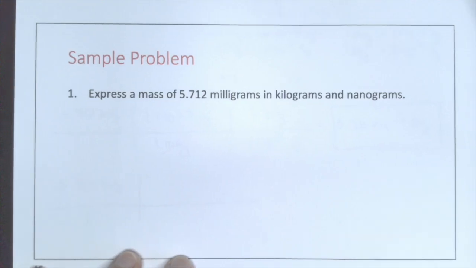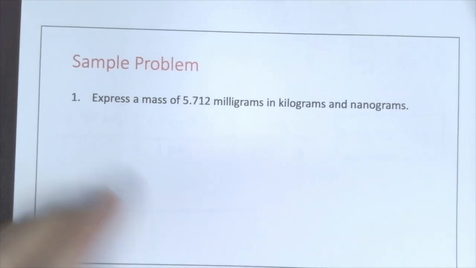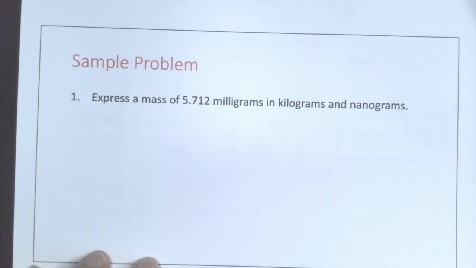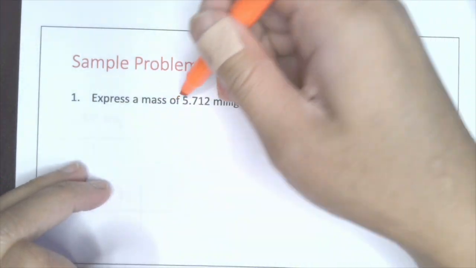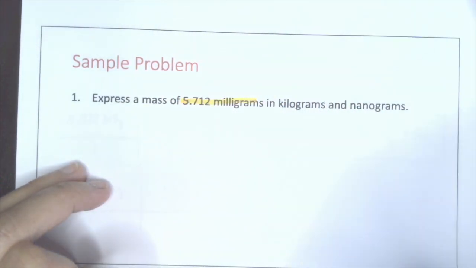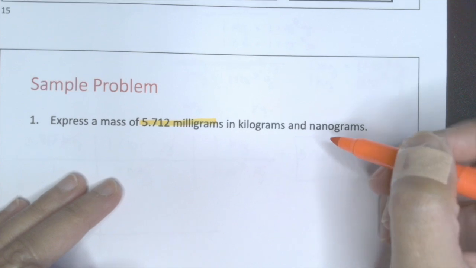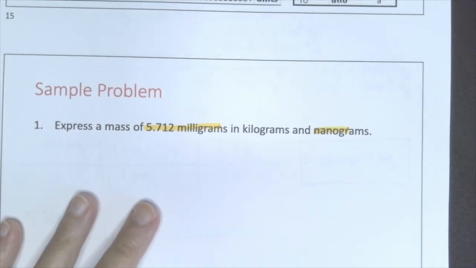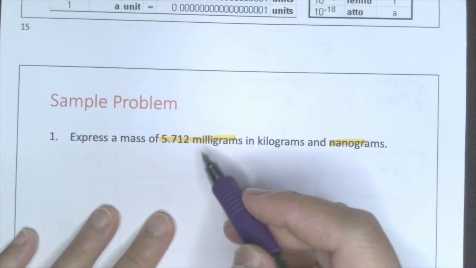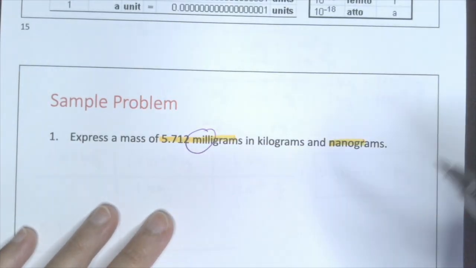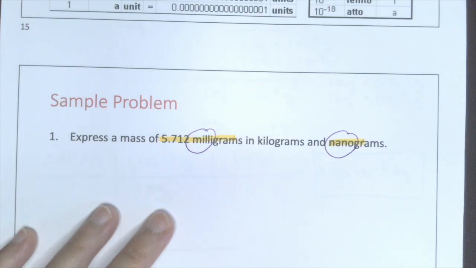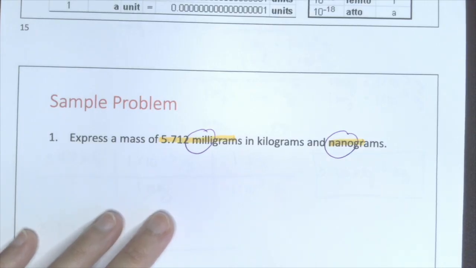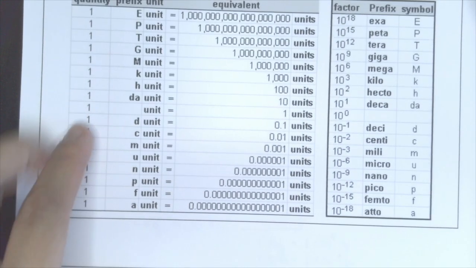Okay, we're going to work on the next conversion factor, and I do have a new sheet here so then it doesn't look congested. But we are going to convert the same value, 5.712 milligrams, but this time we're going to convert it to nanograms. And the same methodology, we're going to figure out the units, the prefixes that we need, and then we're going to write out our conversion factors, starting with the prefix milli.